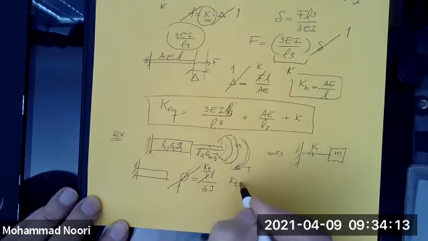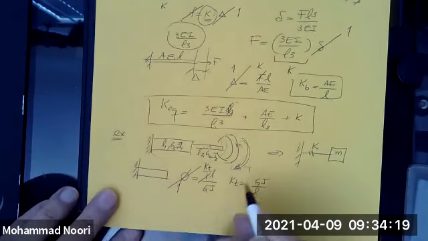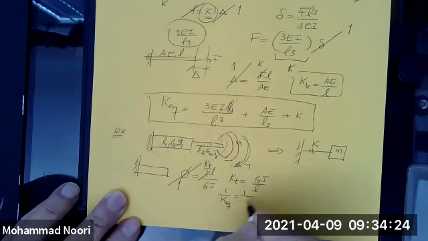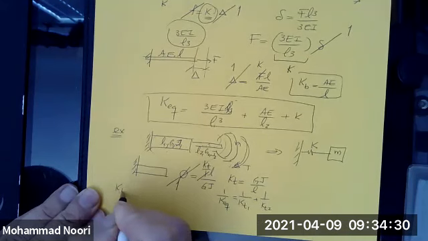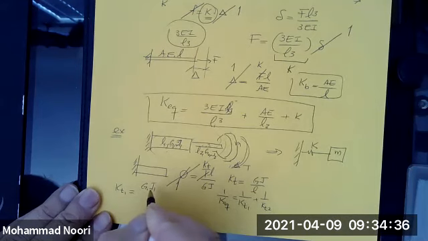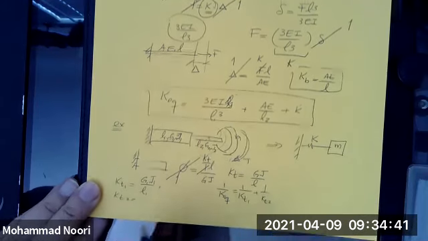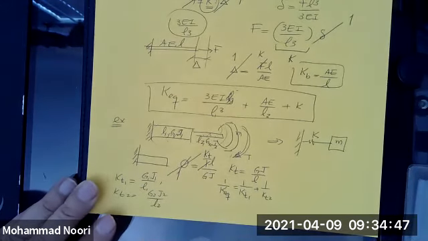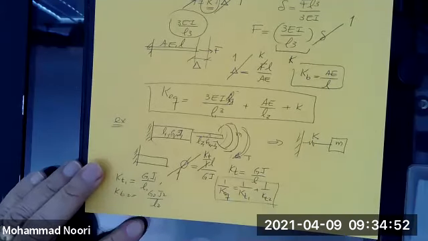So torsional stiffness is GJ over L. For this system, you write 1 over K equivalent is 1 over KT1 plus 1 over KT2, where KT1 is G1 J1 over L1, and KT2 is G2 J2 over L2. Substituted here, you find the equivalent stiffness.